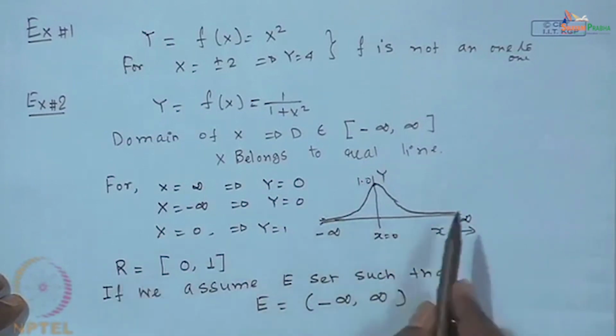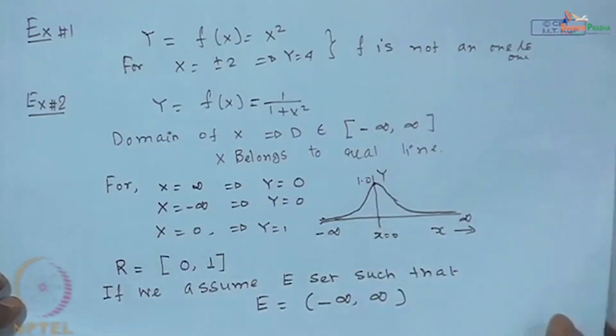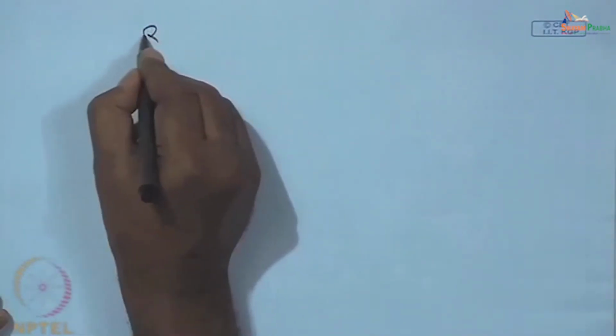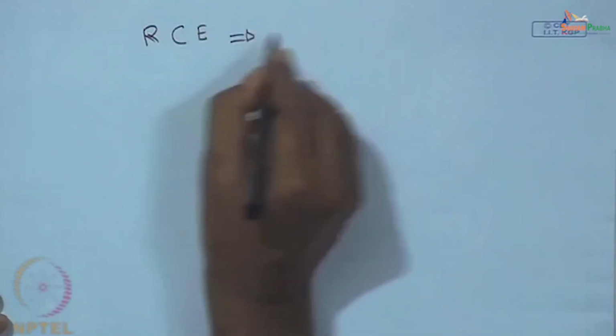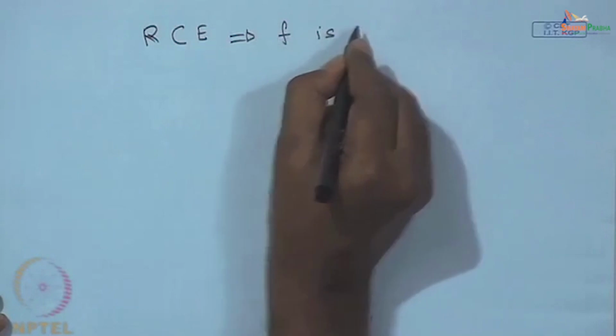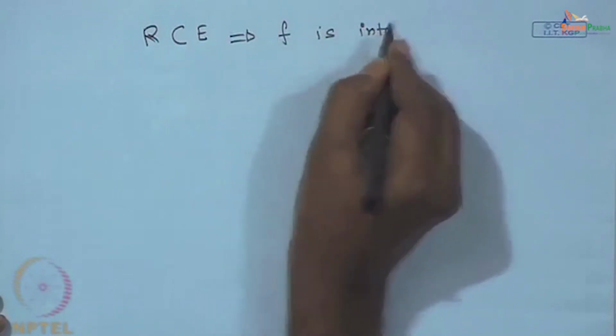On the other hand, the range is only from 0 to 1. So, therefore, the R set is a subset of E. So, in this particular case, f is an into function.